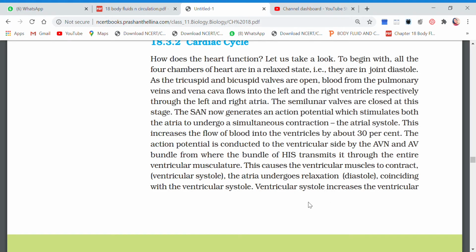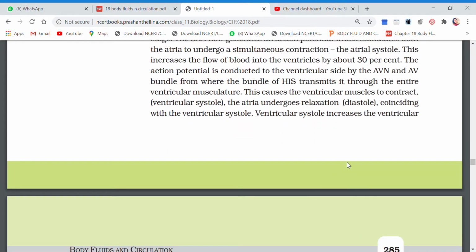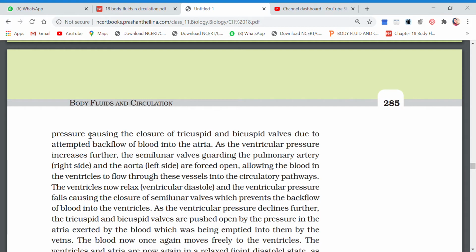So ventricular systole increases ventricular pressure. Now just imagine, children, semilunar valves are closed and ventricles are full of blood. Okay, ventricles are full of blood, and tricuspid and bicuspid valves have also closed now.